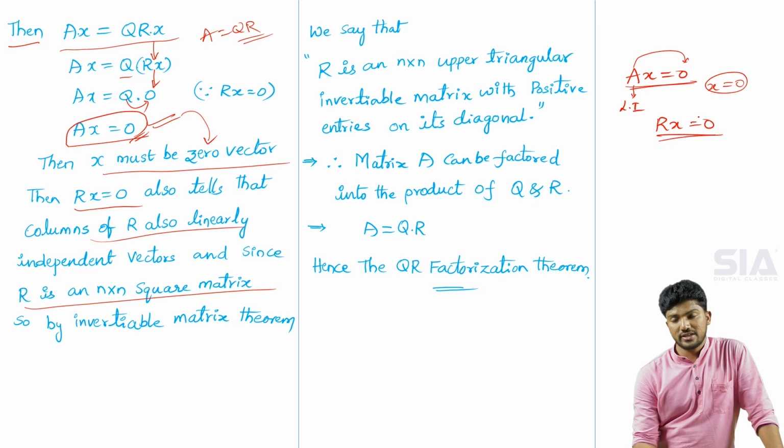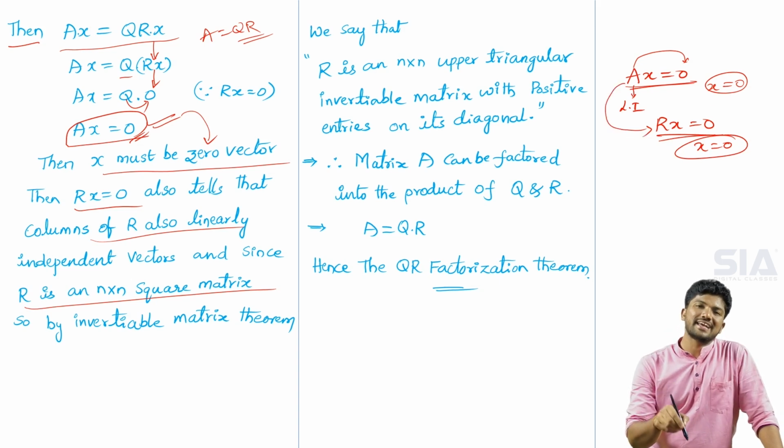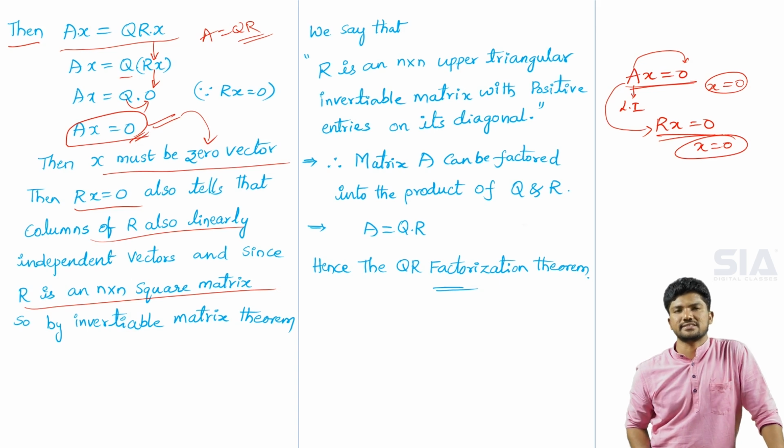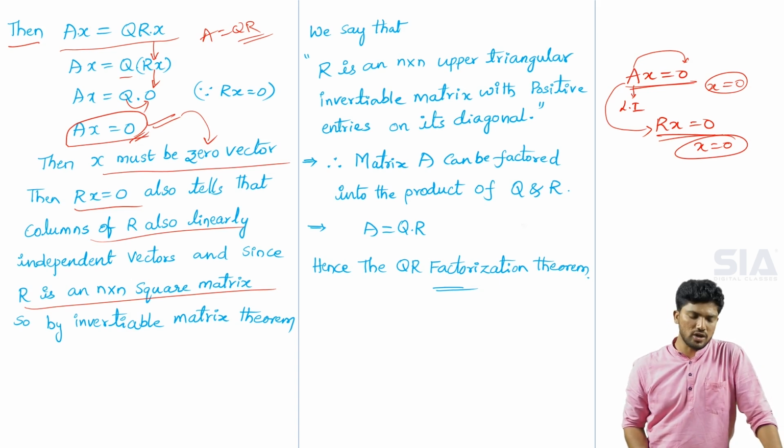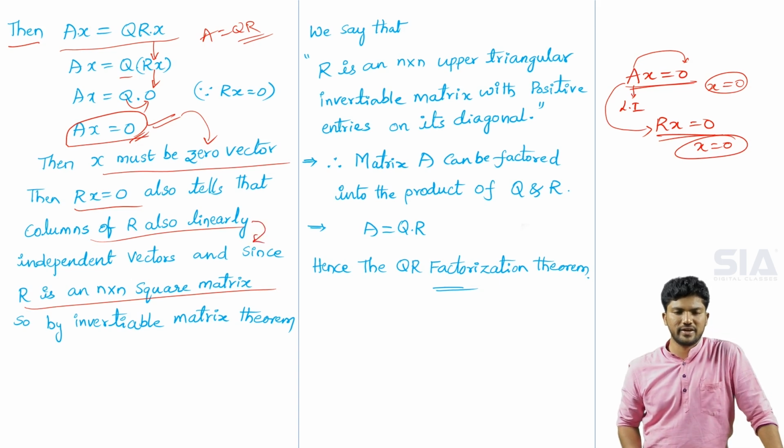Here we have Rx is equal to 0, then similarly we can say that x is equal to 0, that is x satisfies Rx equal to 0. And like capital A, capital R also has linearly independent columns. So therefore the columns of capital R are also linearly independent vectors.